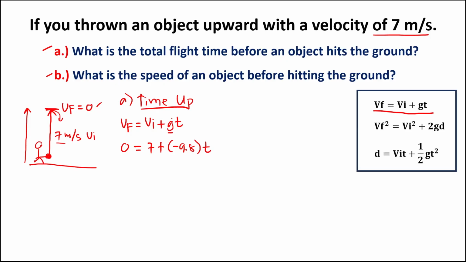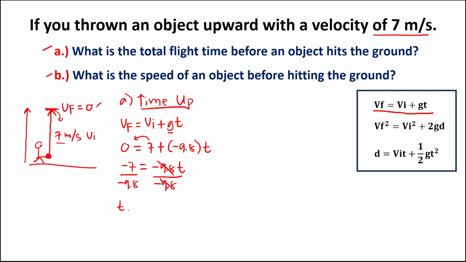So to solve now for the time up, you transpose this positive 7, this becomes negative 7, which equals negative 9.8 times the time. Then to solve for the time, we need to divide both sides by negative 9.8.